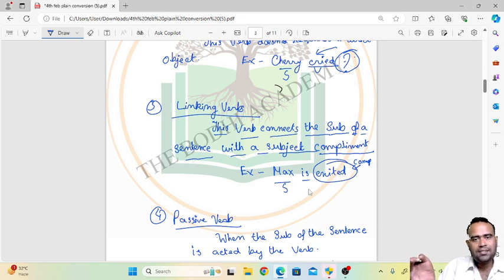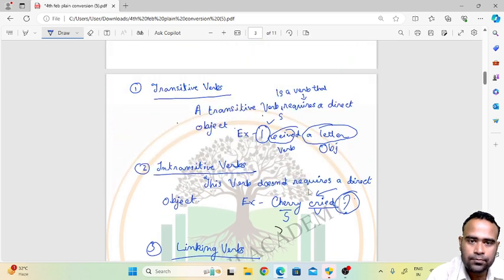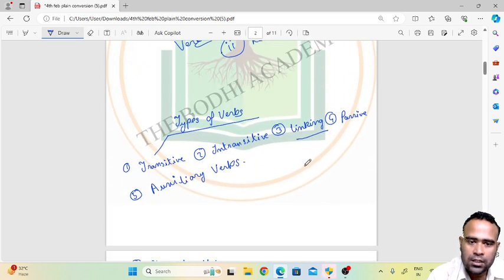Excited is directly linked with Max. So this verb will be known as a linking verb. I hope you understood. So next we will move to the fourth one, that is passive verbs, right?